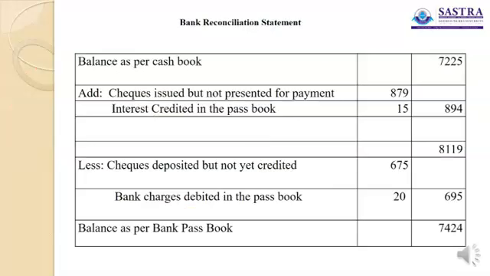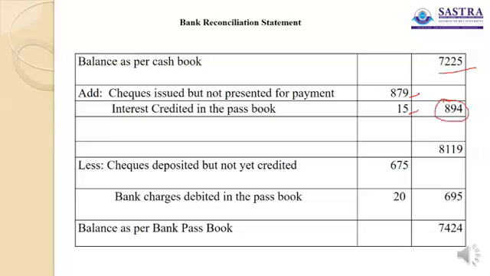See here, the balance as per cash book, 7,225, is the base balance. Check issued but not presented for payment is the second item, to be added, and the fourth item, interest credited in the passbook, is also to be added. Both added, so 894.